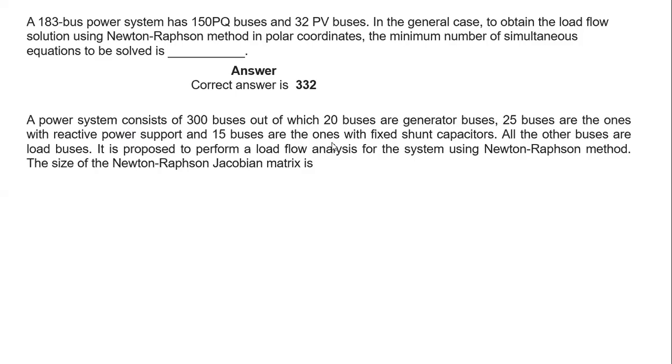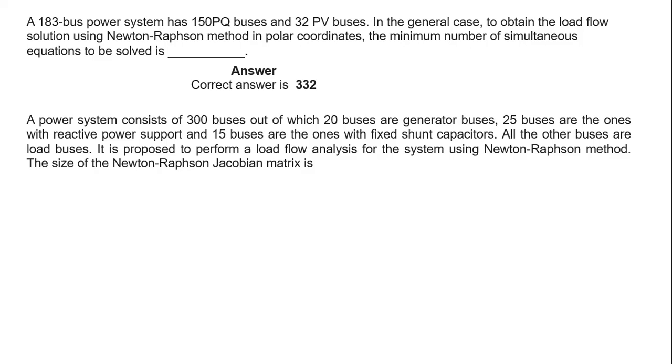Then 15 buses are the ones with fixed shunt capacitor. You see the difference. Here it is reactive power support, here it is fixed shunt capacitor. Whenever a fixed shunt capacitor is there, it will inject the reactive power. So these are your PQ buses. These 15 buses are PQ buses. That means whenever fixed shunt capacitors are there at any bus, even if it is not specified, such buses are considered as PQ buses.